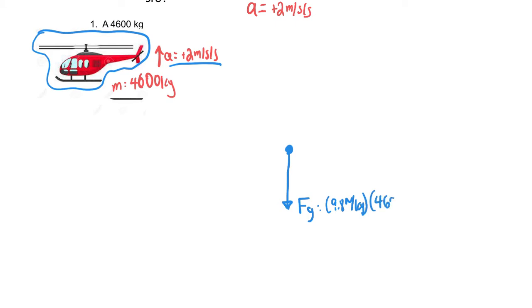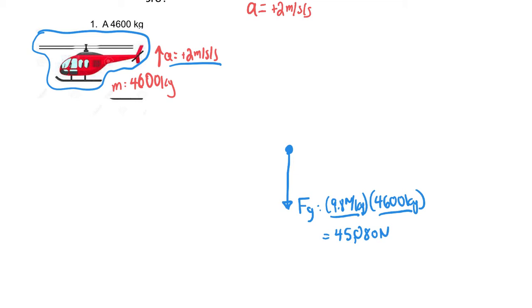Okay, so this is just the force of gravity equation. This 9.8 comes with the equation, and this is given to us in the problem. So I've got my calculator here on the side, and we know that this is going to have a force of gravity of 45,080 newtons.